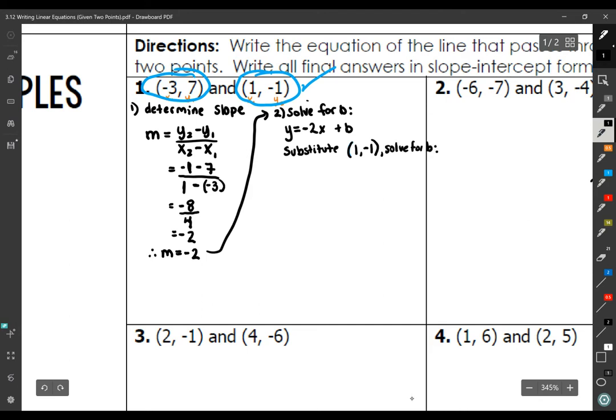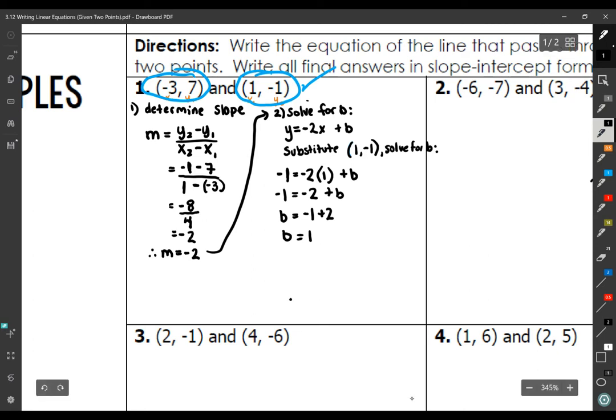Negative 1 is my y value, positive 1 is my x value, and now I'm going to solve for b. This becomes negative 1 equals negative 2 plus b, and finally we get b is equal to negative 1 plus 2. b is equal to 1.